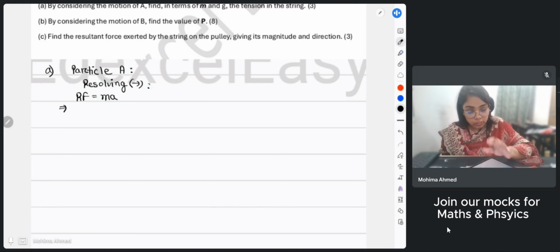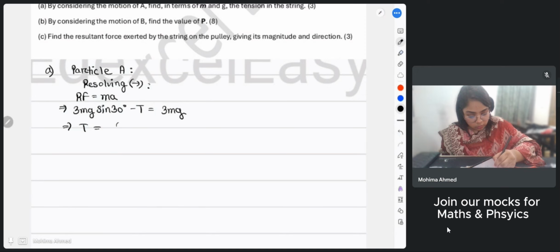So 3 mg sine 30 degrees minus tension is equal to m a, which was 3 mg again. If you take T as the subject of this equation, this is going to be 3 mg. Wait, this was about to move down the plane, right?